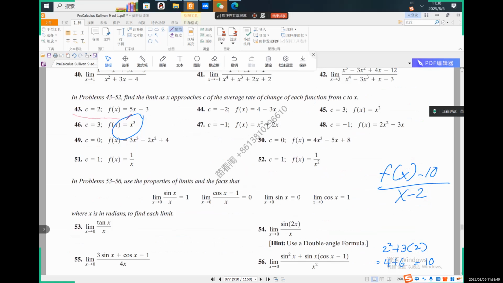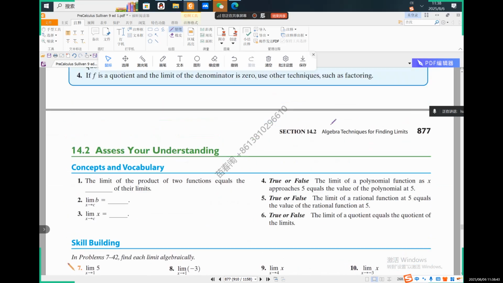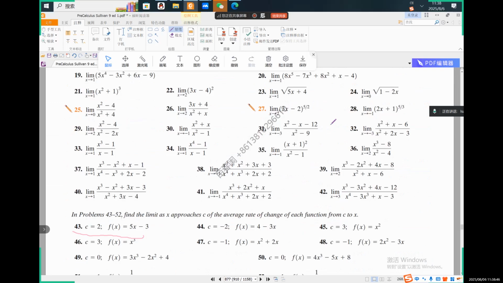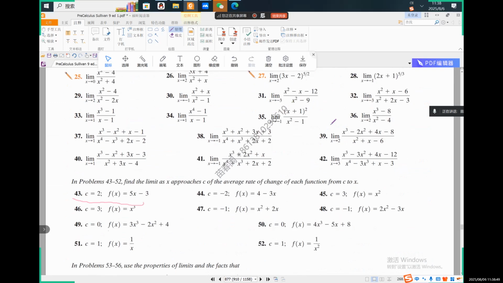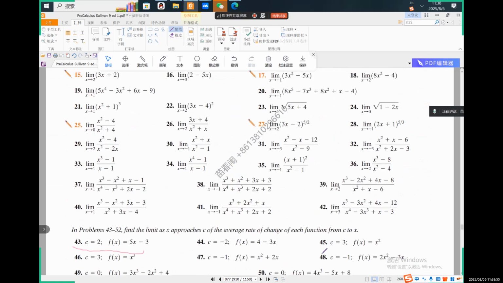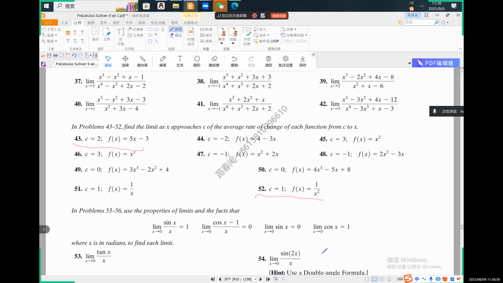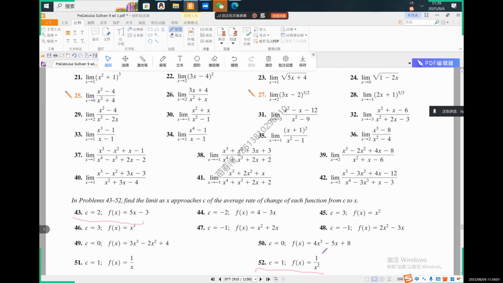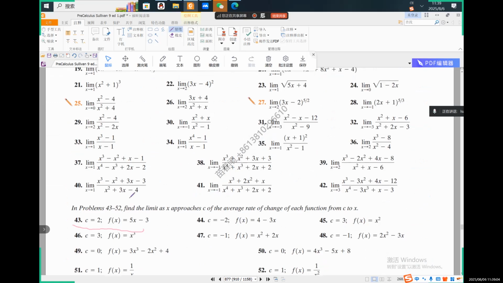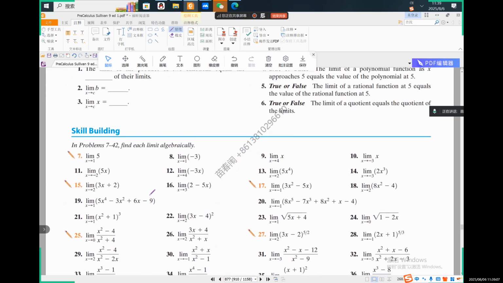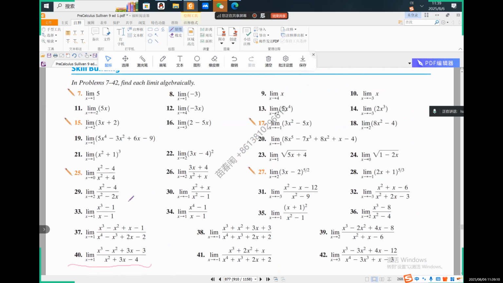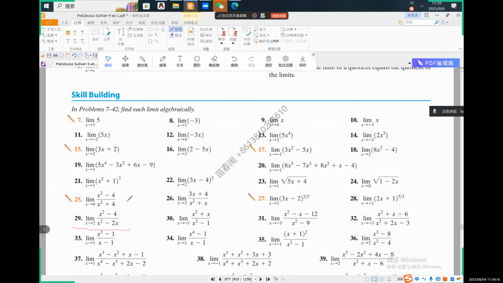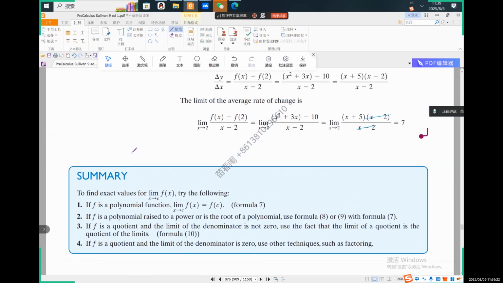Let's do 43, page 877: 43, 52, then 40, 29, and 15. That's all.